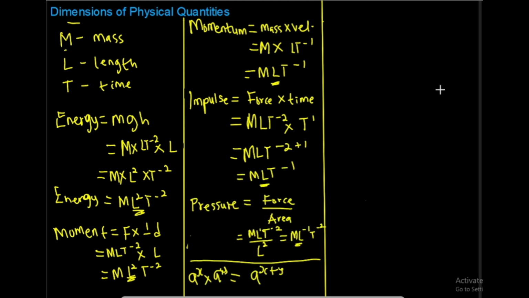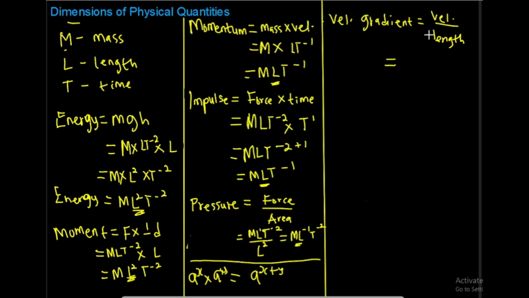Now let's take the dimension for velocity gradient. Basically, velocity gradient is velocity over length. If you have pressure gradient, it's also going to be pressure over length. So velocity gradient is velocity over length.